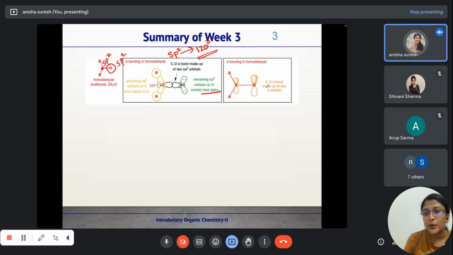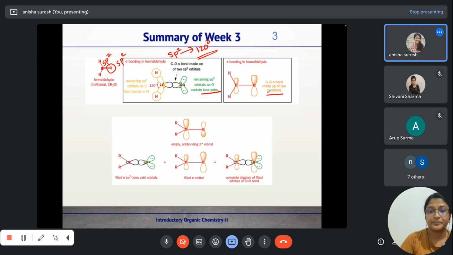So the CO pi bond is made up of the two p orbitals of carbon and oxygen. So here we are clear about how the sigma orbital is formed by combination of the sp2 hybridized atom of carbon and oxygen.